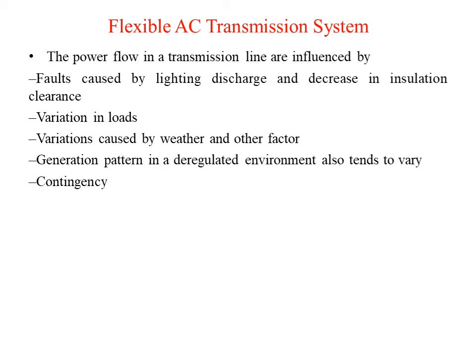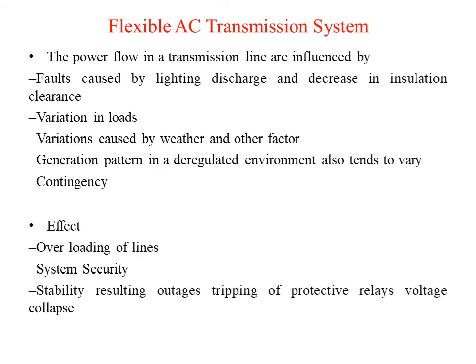So these are some factors which affect the power flow in a transmission system, and our system should be such that it can compensate for these problems. So we need to have control over the power transfer, which can be done using FACTS controllers.